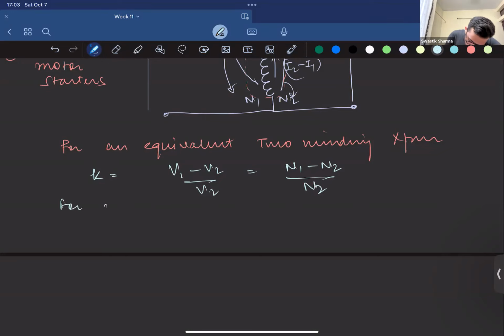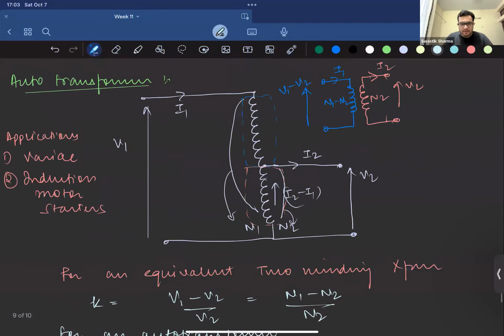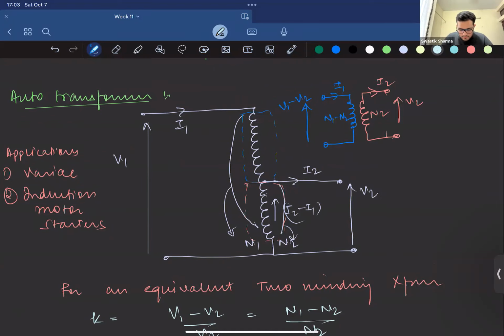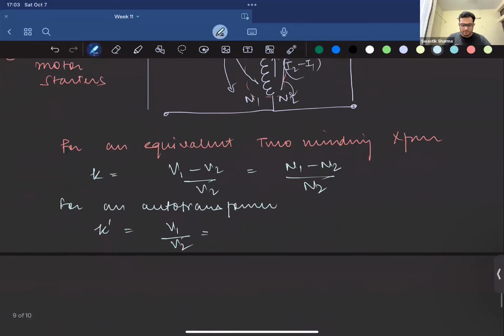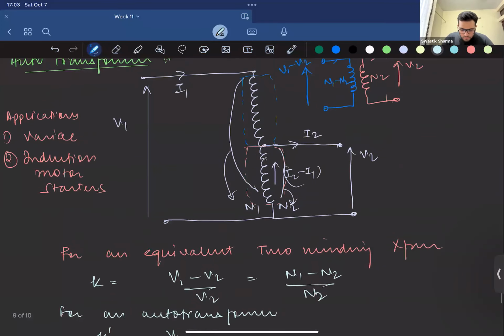But for an auto transformer, K dash will be V1 upon V2, right? Because there are two things happening. It's linking magnetically as well as electrically because of this N2 coil, right?